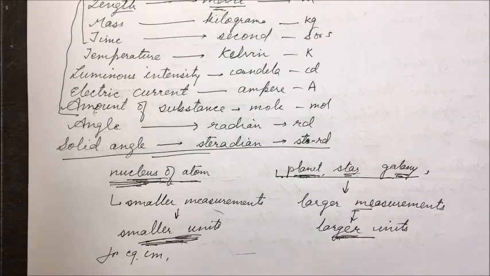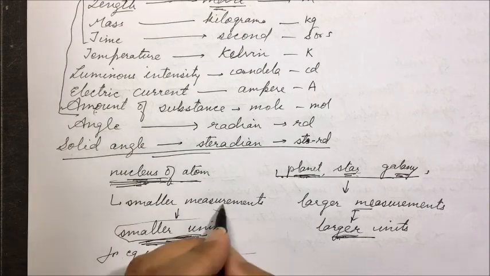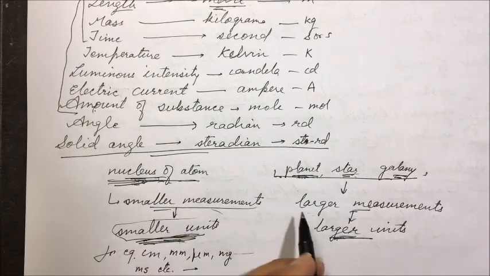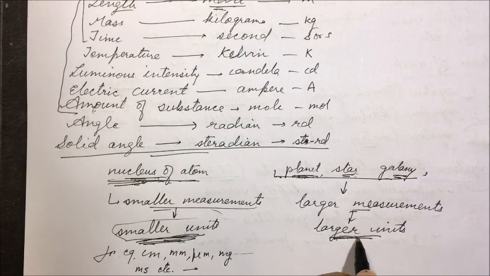For example, centimeter or millimeter, micrometer or milligram, millisecond, etc. are used for measuring smaller measurements. And for larger measurements, larger units are used.